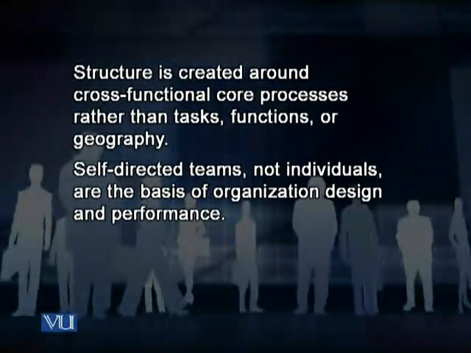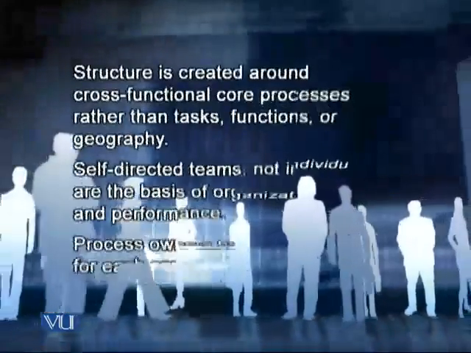But here, the organizational design is woven around these core processes and not around departmental heads or SBU heads. So that is also an important implication on the design, because the design here will be much more free-flowing and fluid as compared to what we saw in a typical functional or a typical divisional structure.